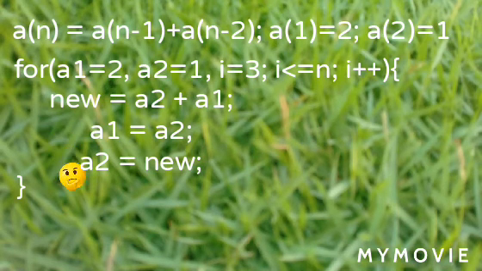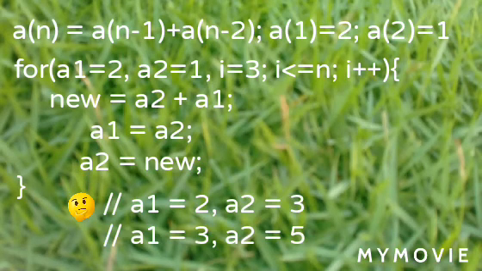For example, a sub 1 is equal to 2 and a sub 2 is equal to 3. So the result should be a sub 1 will now be 3 and a sub 2 will be 5. Okay? So in the code, new is equal to a sub 2 plus a sub 1.